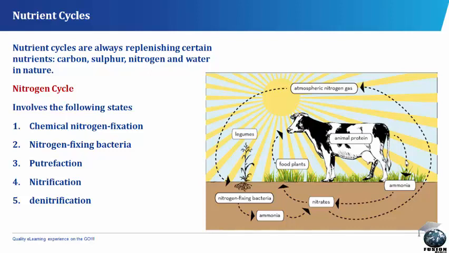For chemical nitrogen fixation, thunderstorms add trioxonitrate V to the soil: nitrogen reacts to form nitrogen(II) oxide, which forms nitrogen dioxide with air. On dissolving in raindrops, it forms trioxonitrate V acid, that is nitric acid. It finally forms trioxonitrate V salts with metallic parts of salt in the soil.